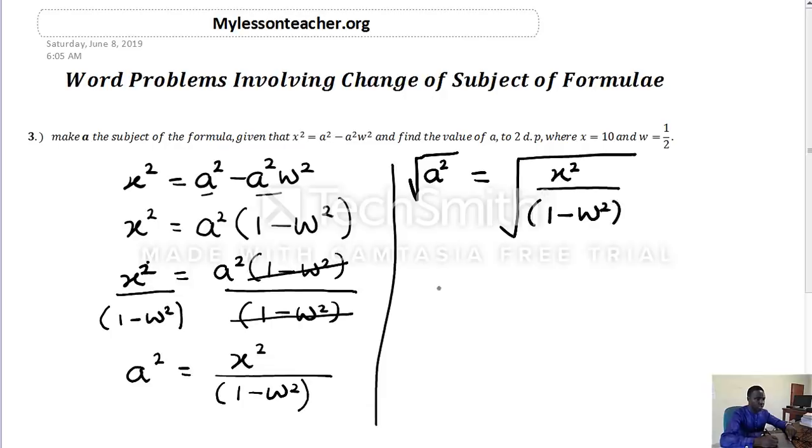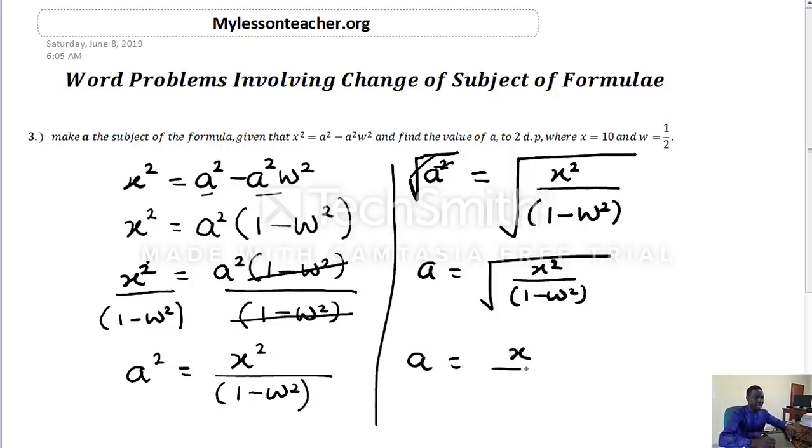So that square root of a squared will be a, is equal to square root of x squared divided by 1 minus w squared, and this will be a is equal to, square root of the numerator, square root of x squared is x, divided by square root of bracket 1 minus w squared.